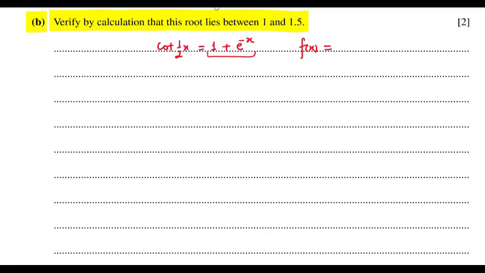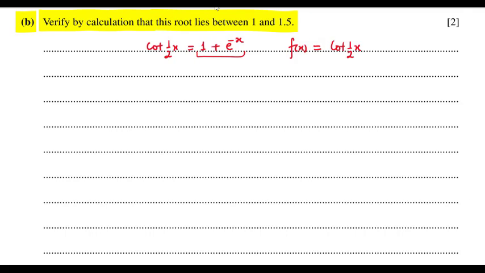So in this case I'm going to write the function f of x as cot half x minus 1 minus e to the power minus x. Now we are going to use the property that if f of 1 and f of 1.5 have different signs, it doesn't matter which one is negative and which one is positive, then we can say directly that the root lies between these two values.